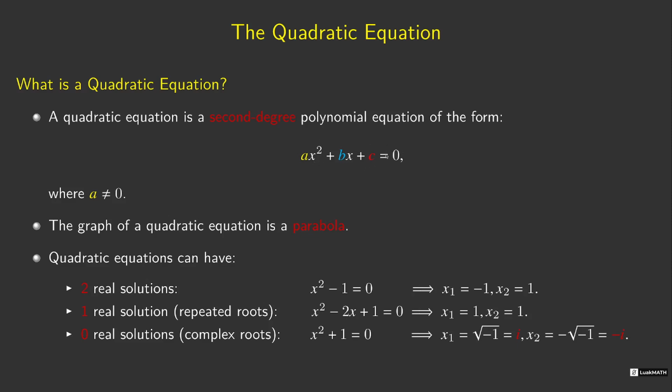In that case, you would say this equation here has 0 solutions, because we're looking for real solutions. Even though we did find some solutions here, they're not real, they're imaginary. So these are called imaginary numbers.